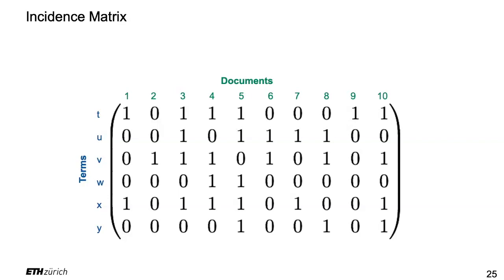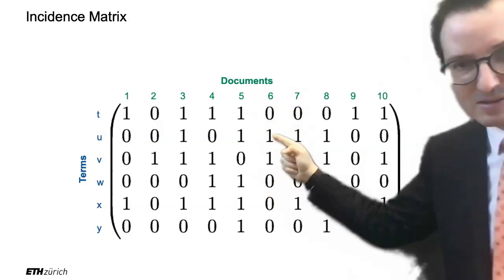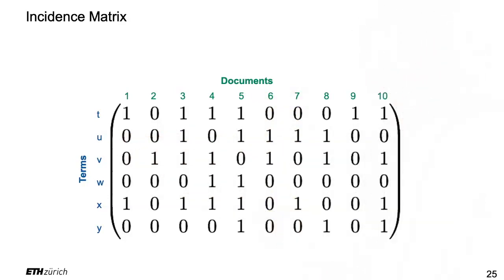Okay, very good. So if you want to reconstruct the sets, if you actually look closer, imagine that you want the set corresponding to a specific document. You look here, 6. You look for all the ones, and then it has U, it has V, and that's it, right? So you can reconstruct the sets. So you see it goes both ways. It's actually a bijection between the collection of sets of words and matrices of Booleans, right?